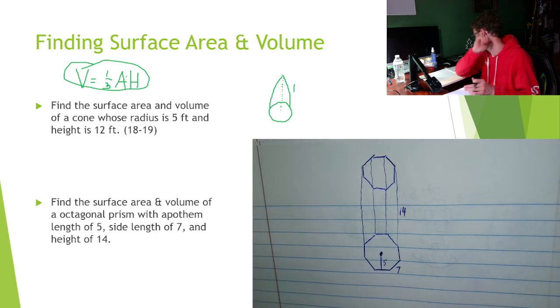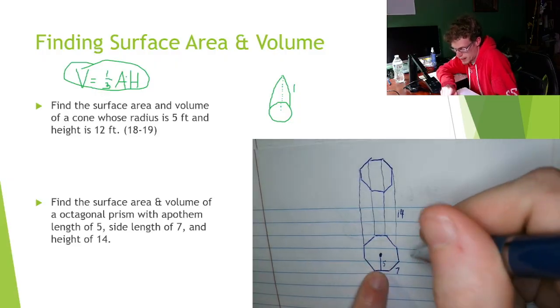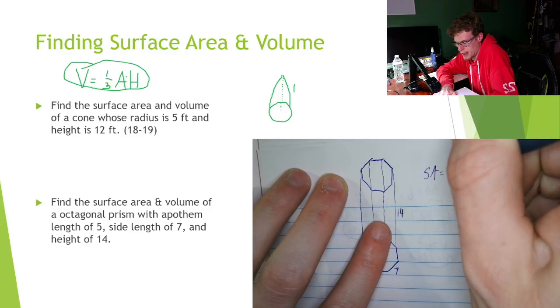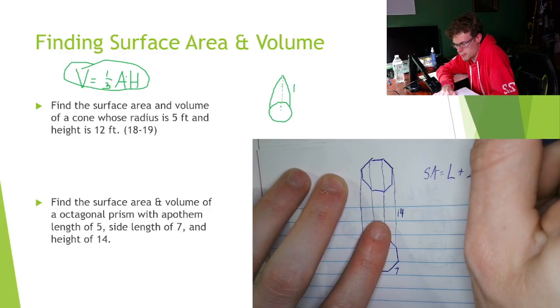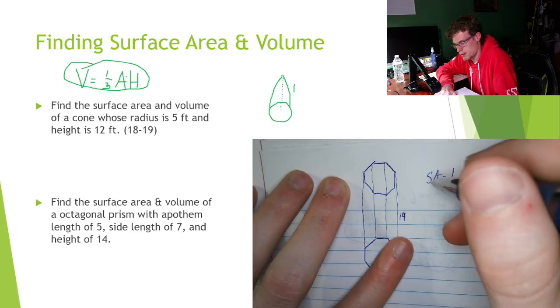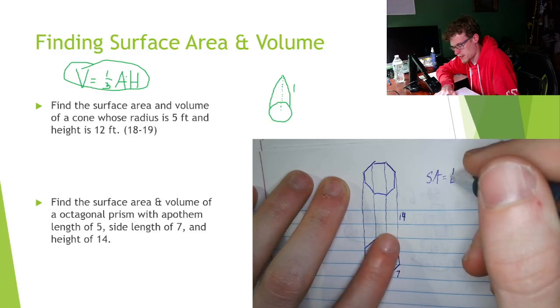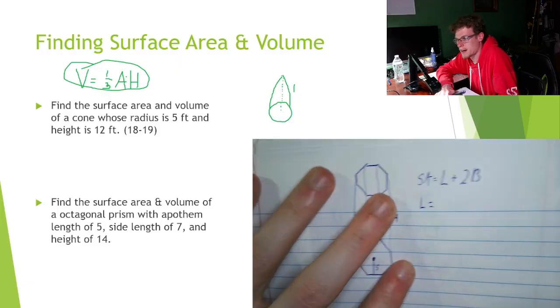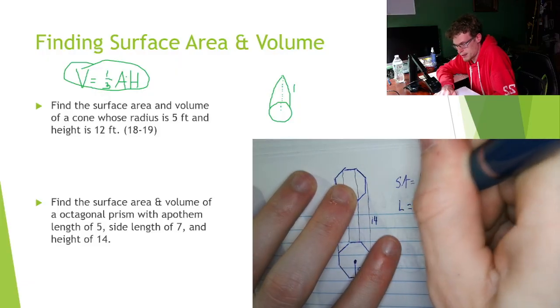So, what I have here is, first of all, I have my two bases. Again, to find the surface area of a prism, it is L plus 2b. So, that means I need to find my lateral surface area. How do I find my lateral surface area? Well, remember that lateral surface area is perimeter times height.